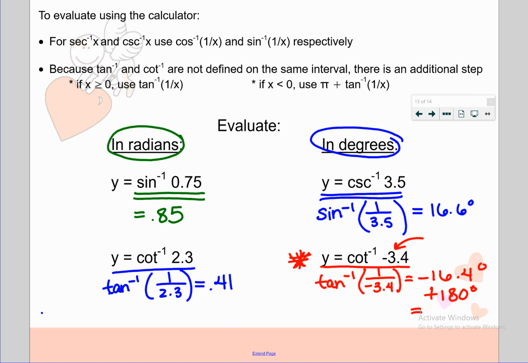So negative 16.4 plus 180 gives me 163.6. If it's radians, what are you going to add? What's equivalent to 180? You add pi instead. Okay, so you can even put in your notes 180 or pi there. Again, only if it's cotangent, only if it's a negative number. Everything else in your calculator will work perfectly.